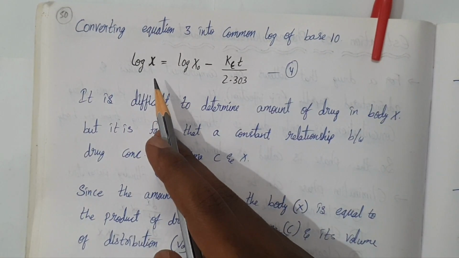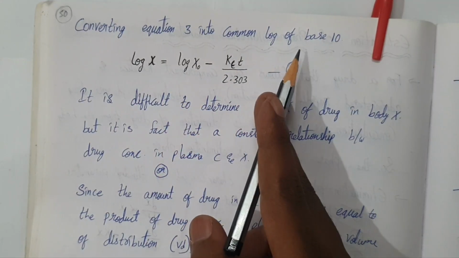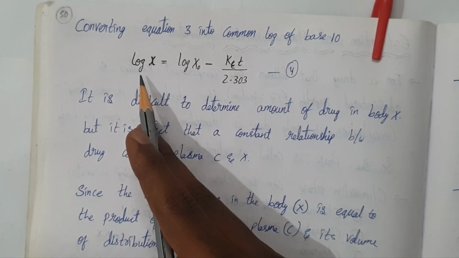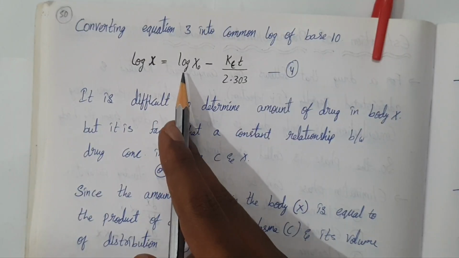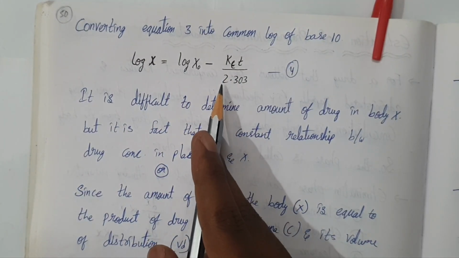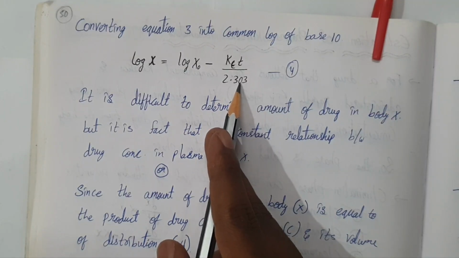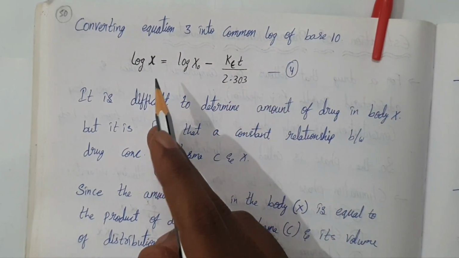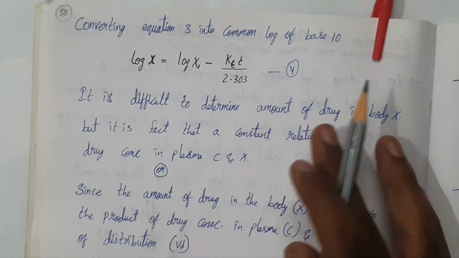To that equation, we are applying log. So our equation becomes log x equals log x naught minus kEt divided by 2.303. Because of log, this equation becomes like this.